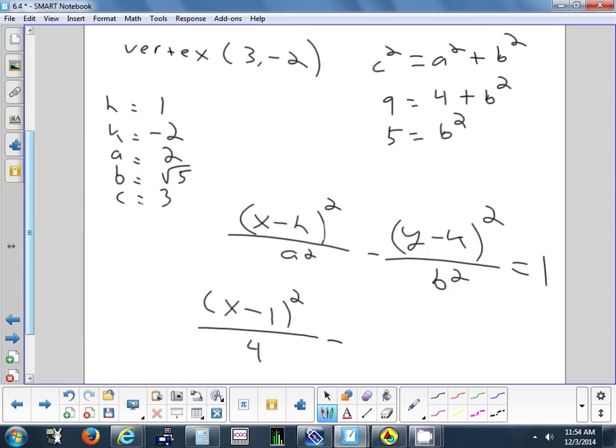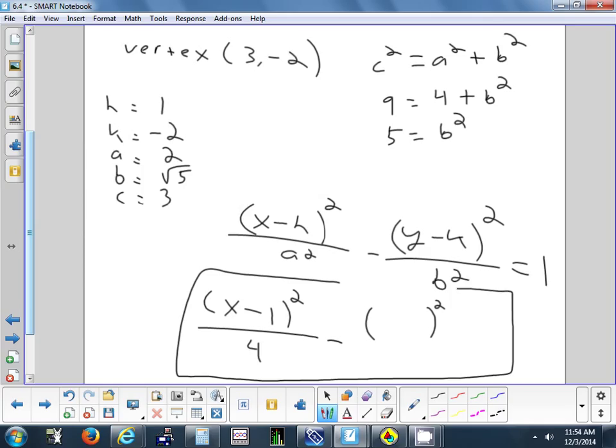Minus, Adam, what's going to happen when we do y minus k? Yep, it's going to turn into a plus. Plus what? 2. So you're going to subtract -2, and it becomes plus 2. And my denominator here, b squared, is 5. And that's it. We're done. That's the equation.